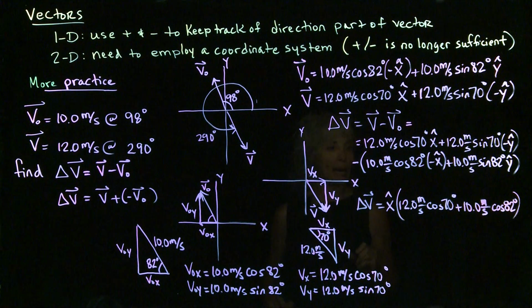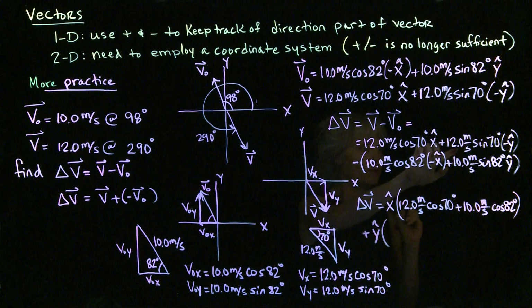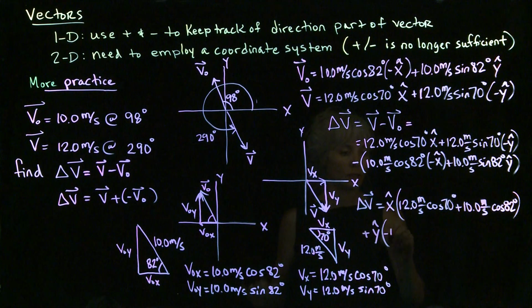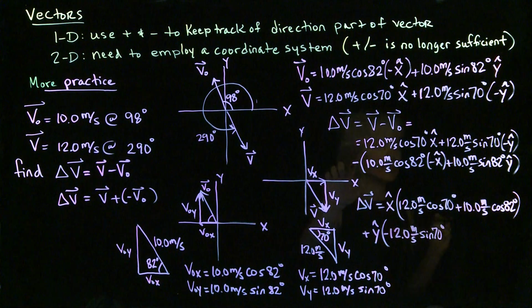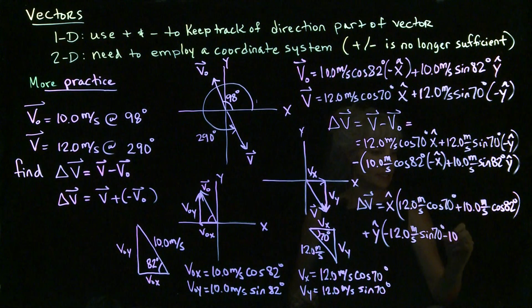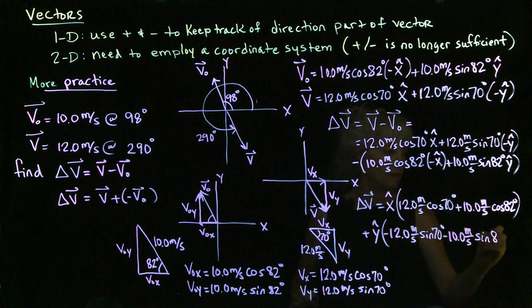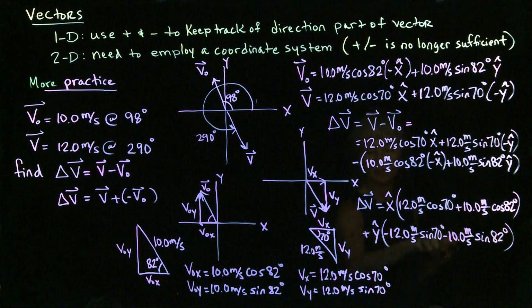So there's my x hat piece. And then we're going to have plus y hat. And what do we have for that? Well, first of all, we have a minus 12 meters per second times the sine of 70 degrees. And then minus a plus is going to give me another minus sign, minus 10 meters per second times the sine of 82 degrees. So there's the piece along x and the piece along y.